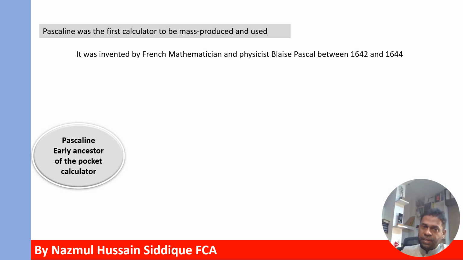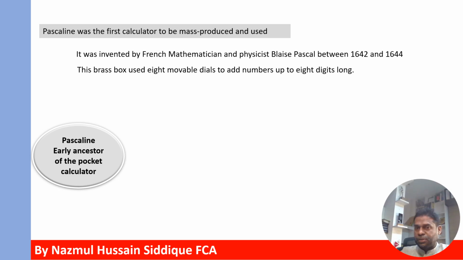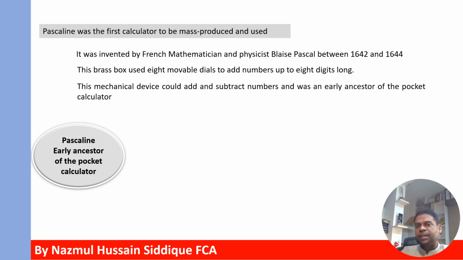It was invented by French mathematician and physicist Blaise Pascal between 1642 and 1644. This brass box used 8 movable dials to add numbers up to 8 digits long. This mechanical device could add and subtract numbers and was an early ancestor of the pocket calculator.